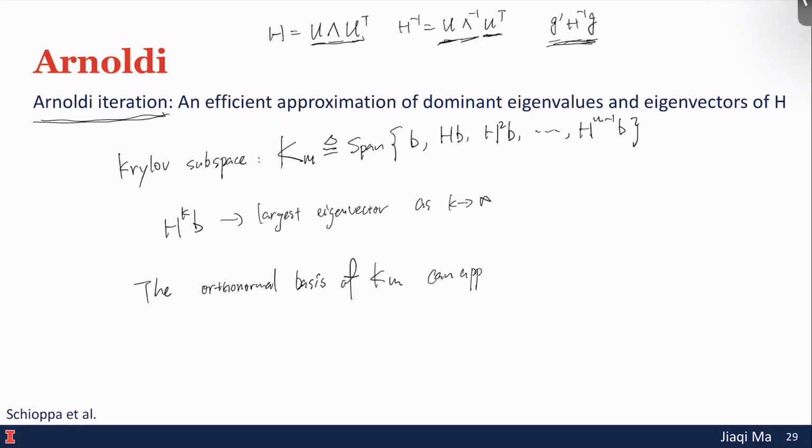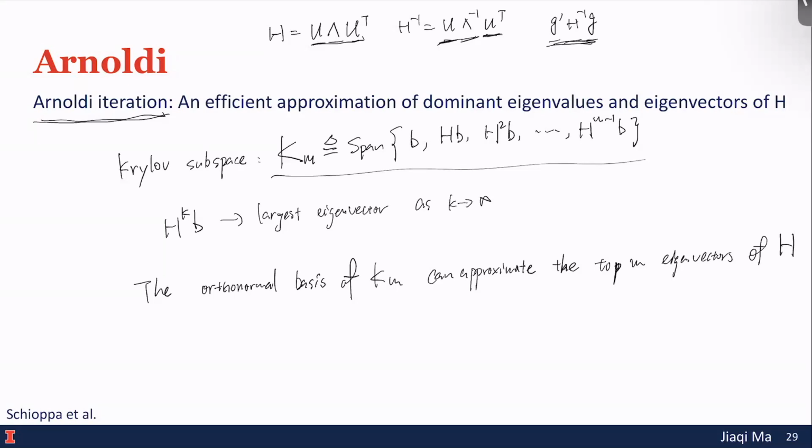It can approximate the top m eigenvectors of H. So by constructing this space, the Arnoldi method gives us an efficient way to approximate the top eigenvalues and eigenvectors.